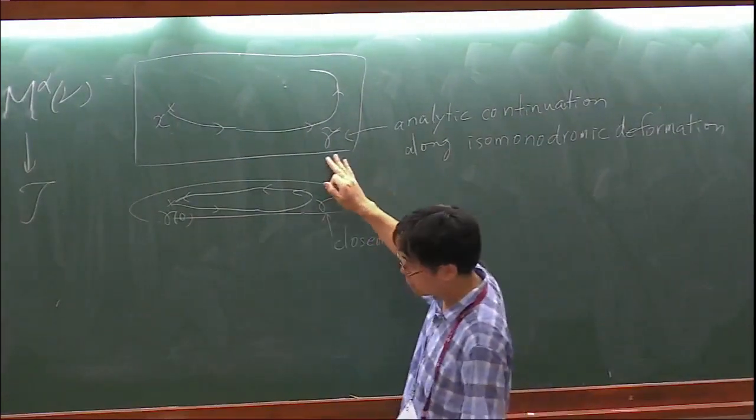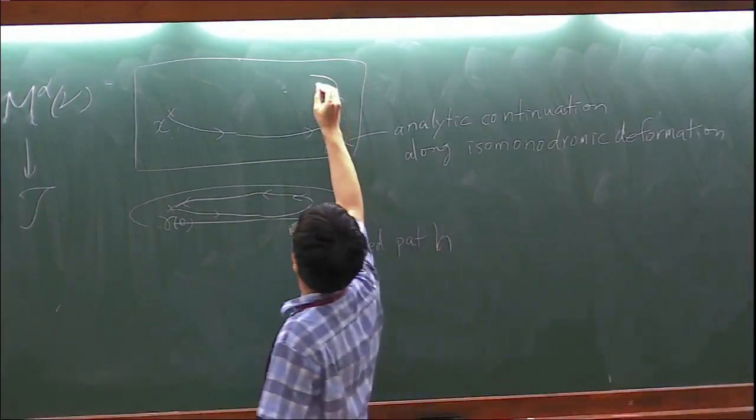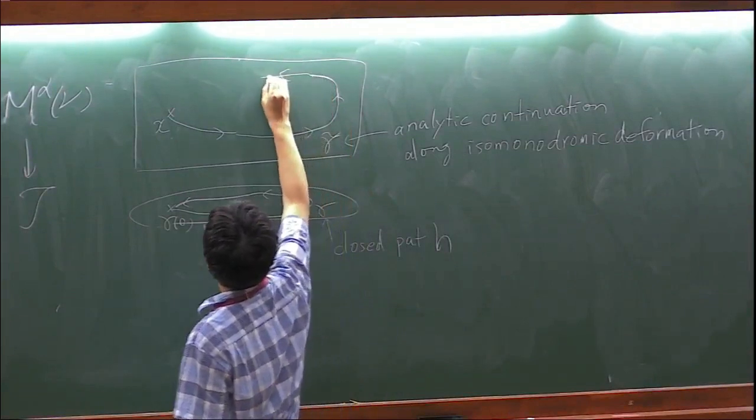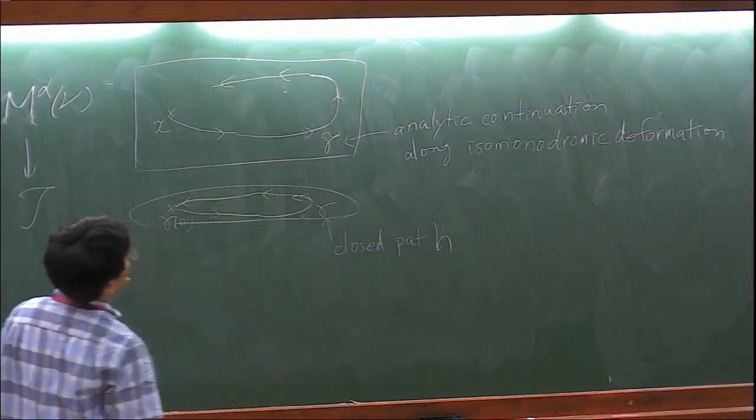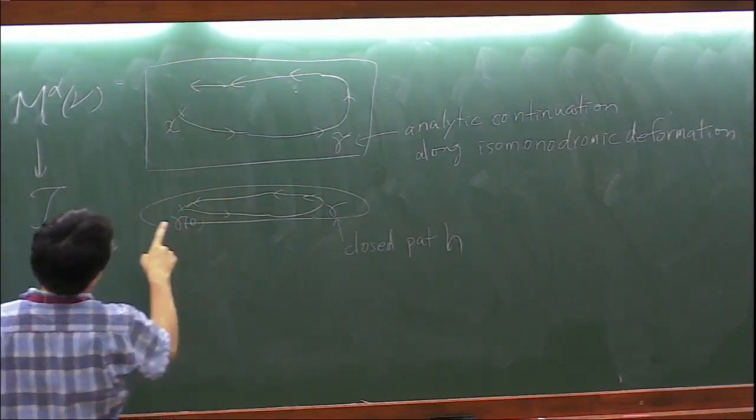So this is a solution of the isomonodromy equation, and we consider the analytic continuation and coming back to the initial time value.